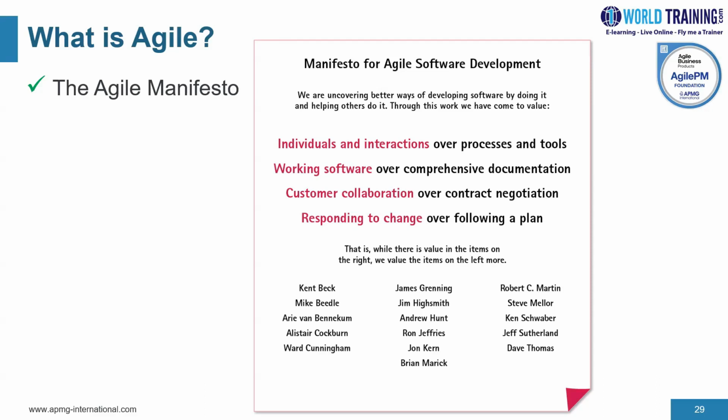So customer collaboration is given greater value over contract negotiations. Responding to change is an important value that Agile upholds over following a particular plan. So these are the four important value statements of the manifesto.